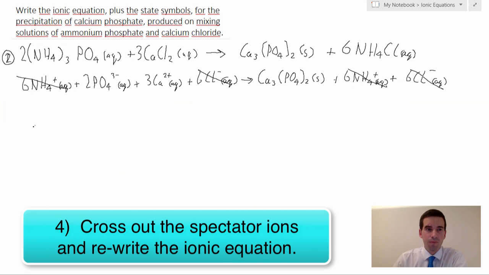So, step 4, the final step is to write the ionic equation, which in this case is 2 phosphate ions. Get the state symbols like I did before.